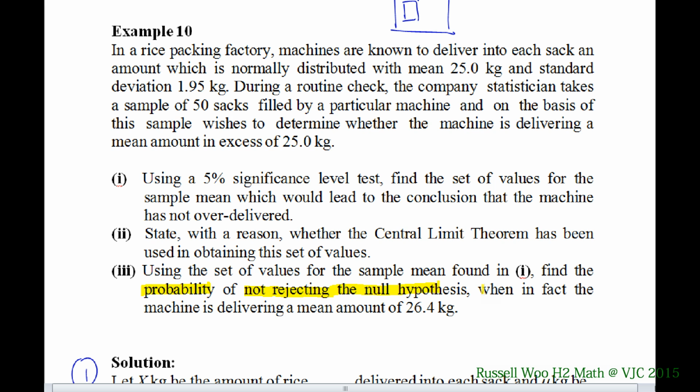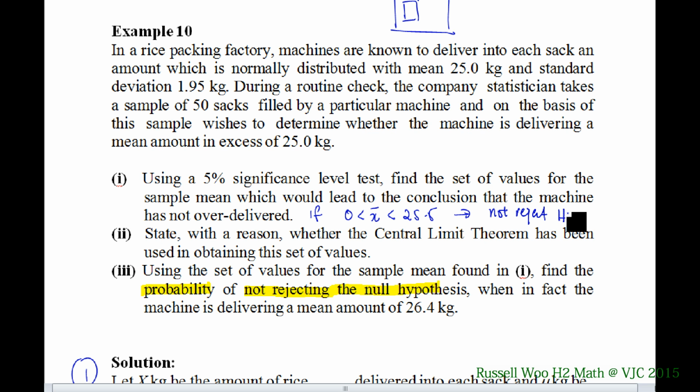No mental block. I know exactly what I'm doing. I just want to think of a best way to tell you. See, you did a test in part 1. If your X bar, if sample mean falls between 20 and 25.4, you will conclude that you will not reject H naught.